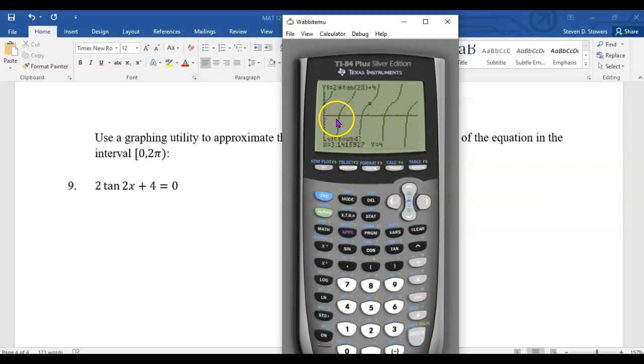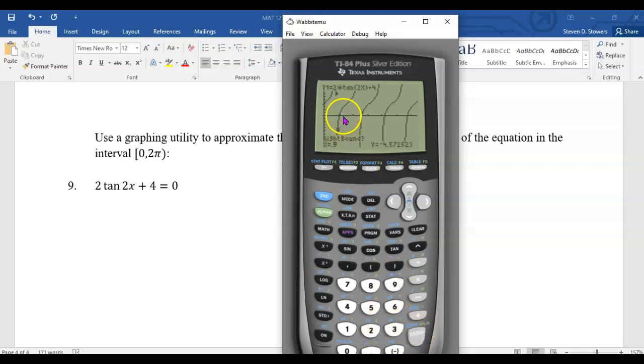It's going to ask me for a left bound, and I can either use the arrow buttons to move over to a point that I know is somewhere to the left of that x-intercept. Right now I've got it at a point where x is 0.93455, or I can just type in a number that I know is a little bit less than where the x-intercept is. So I could just type in a number that's a little less than 1, like 0.9.